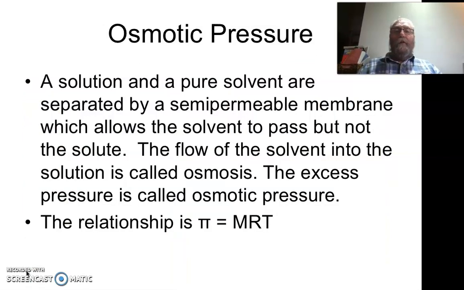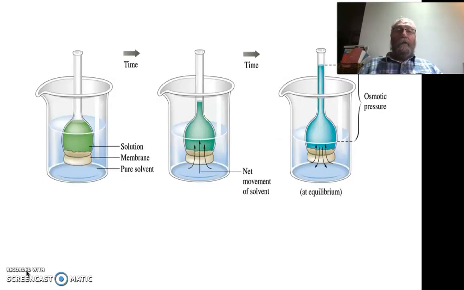Osmotic pressure is used in biology, so it's the same concept: when you get osmosis, you've got a pure liquid which will then go across the semipermeable membrane into a solution inside the cell. And so here you've got an example of that from a chemistry point of view. The height that it rises is the osmotic pressure.